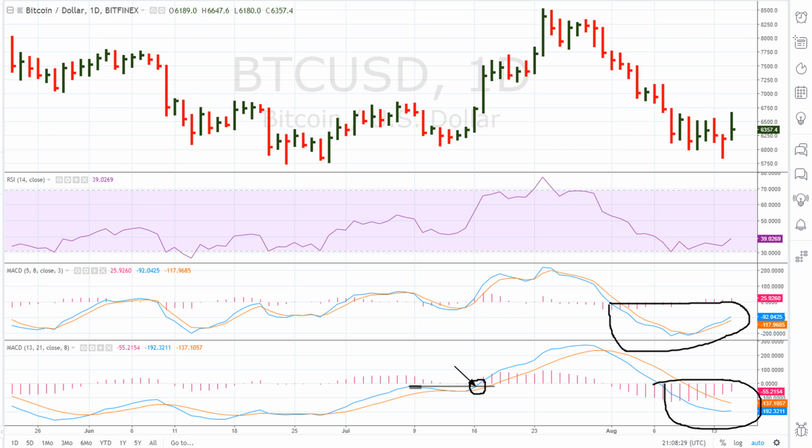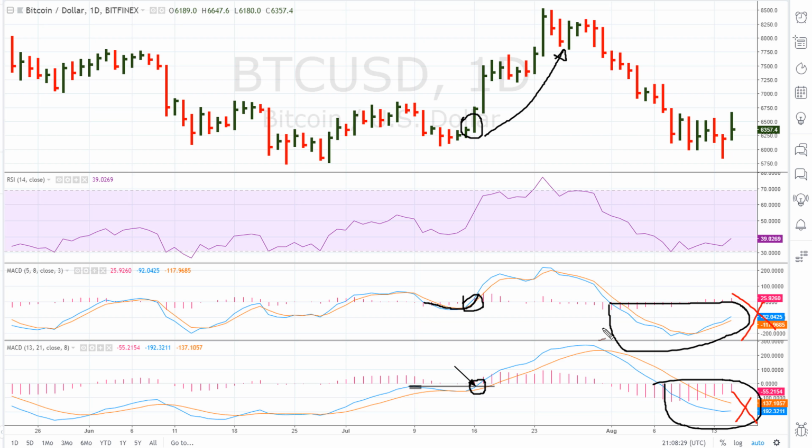It also coincides with a MACD uniform activity recovery back above zero. So this movement for a swing trade was more successful, even on the daily chart, because the MACDs were moving above zero at the same time. Right now, just based on the MACD reading on the daily, there is no momentum yet.